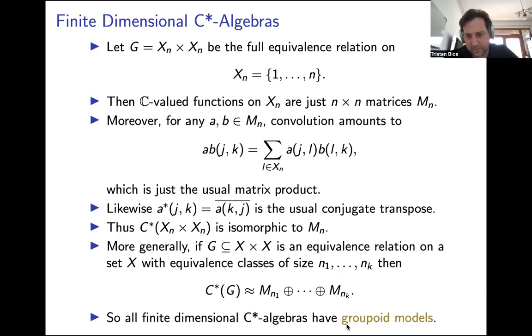Yeah, and just, I guess, a bit of terminology here. What this is saying is that all finite dimensional C-star algebras have groupoid models. So there's a lot of work on showing that more general infinite dimensional C-star algebras have various étale groupoid models. And we'll maybe get to talk about some of them a little bit later.